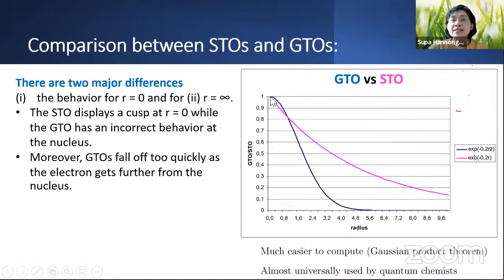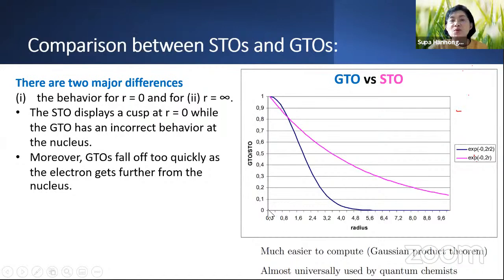You can see that this is the curve of the STO, very tight. But for the GTO, it shows a nice Gaussian type curve.